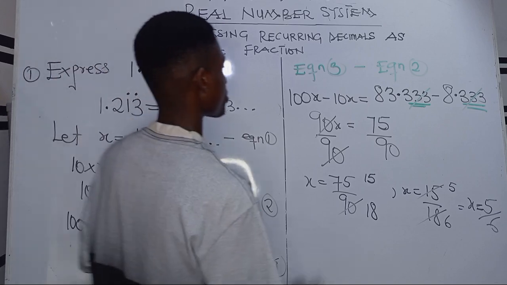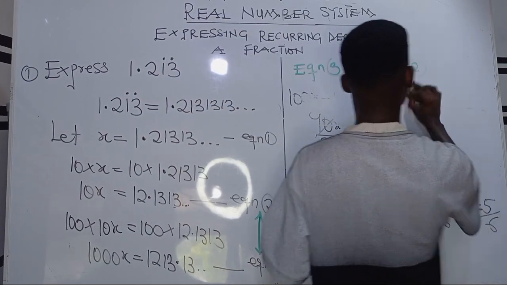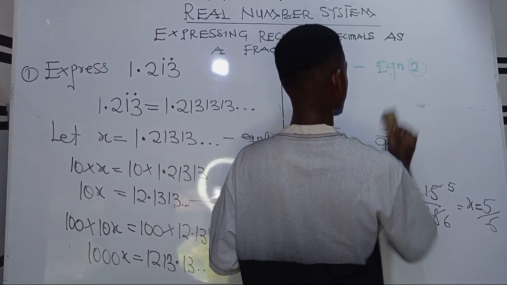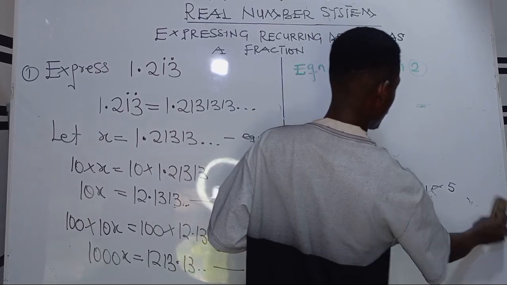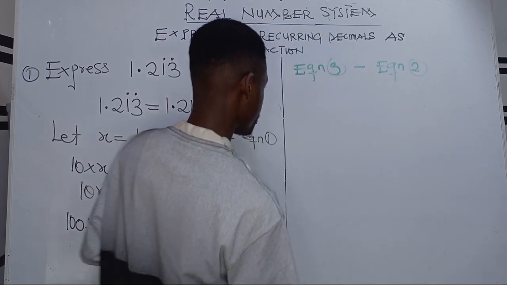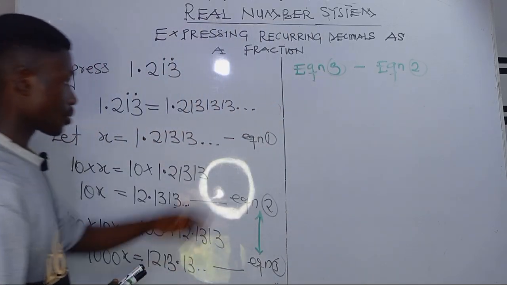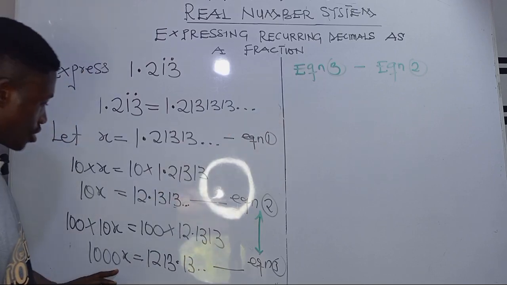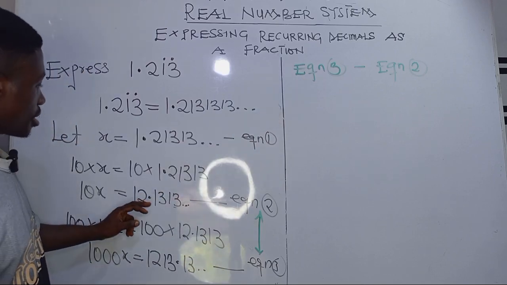Then we simplify. So equation 3 minus equation 2. This is equation 3, this is equation 2.